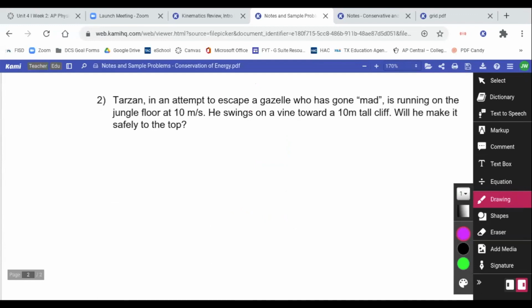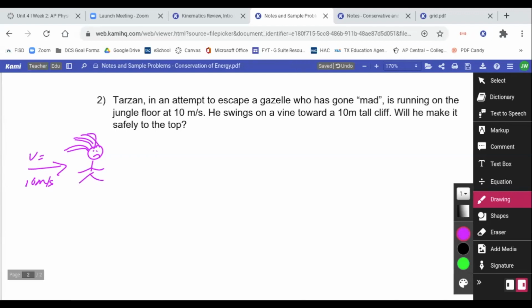All right, Tarzan, in an attempt to escape a gazelle who's gone mad, is running on the jungle floor. Okay, now Tarzan is really upset because his hair has gone crazy, and he is running for his life. Let's say he's going this way at velocity equals 10 meters per second.